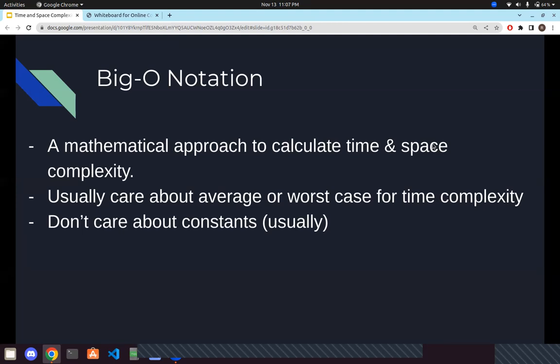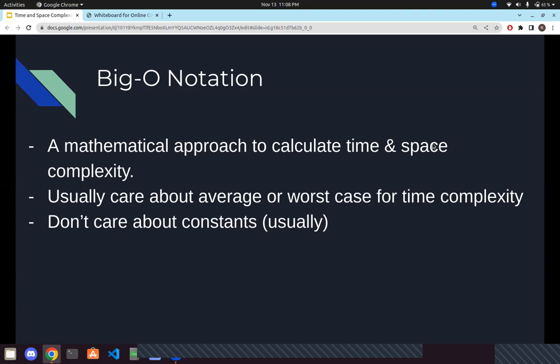Now, the best case scenario is that the value is always the first element in the array, and so we can get constant time. That's the best case scenario, but this isn't very helpful or very practical. So instead, we will use the average case or worst case scenario.